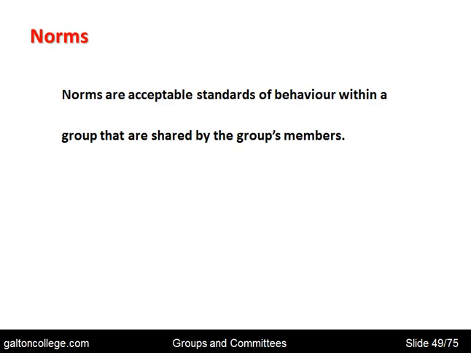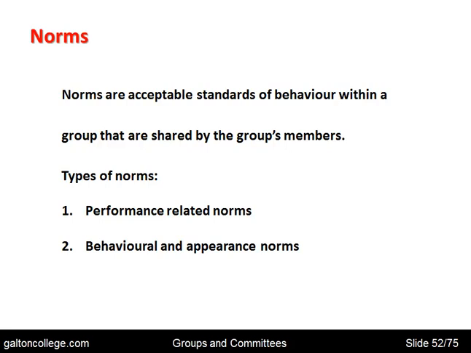Now, let's look at norms. Norms are acceptable standards of behavior within a group that are shared by the group's members. So norms are what are acceptable standards of behavior. Those are the norms of the group. Now, the types of norms. Well, there are performance-related norms, behavioral and appearance norms.